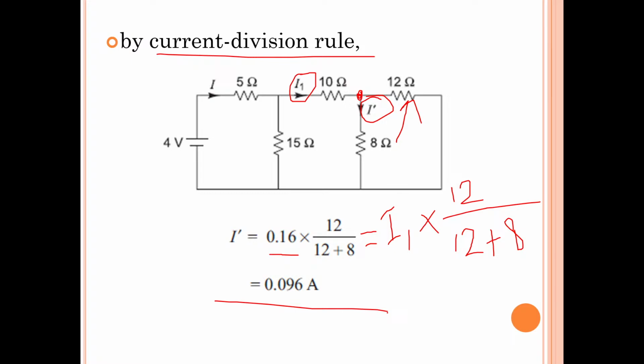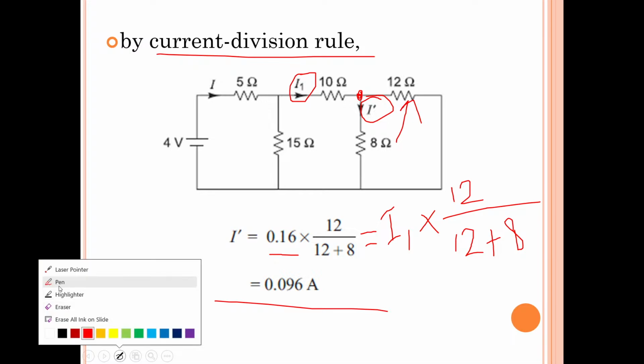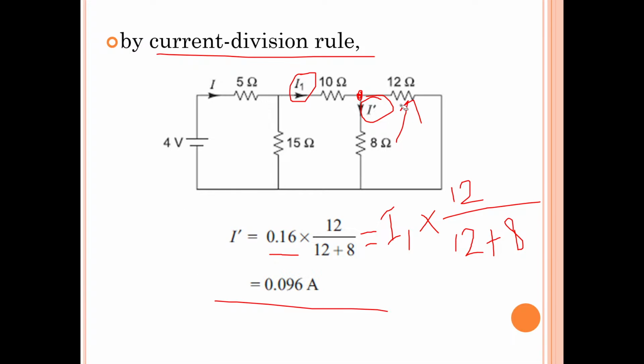We have to short circuit the first voltage source and, keeping the second voltage source in the circuit, solve this numerical problem. I hope I have given sufficient time to write it down.